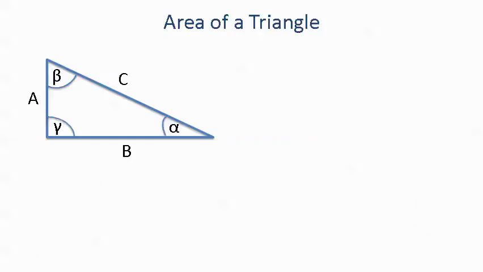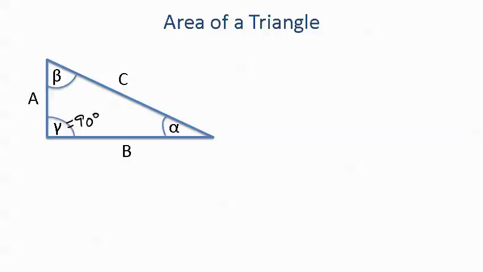So we've seen that the area of arbitrary triangles could be easily evaluated as either the addition or the subtraction of areas formed by right-angle triangles. We will discuss how to find the area of a right-angle triangle. In this example, we have the right-angle triangle with angle gamma being equal to 19 degrees.